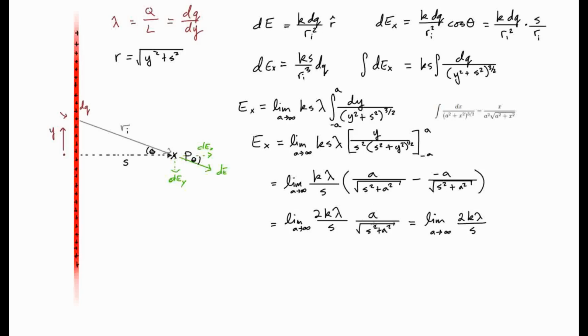What that's going to do is create a 1 in the numerator here, and in the denominator, 1 over a, which I'll bring into the root. It's a very common trick in physics. If I bring 1 over a into the root, then it's going to be 1 over a squared inside the root.